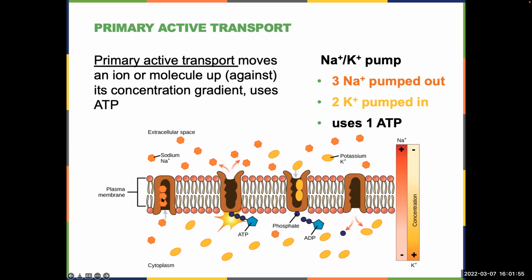But when the 3 sodium bind to this protein, it causes this ATP to bind. And that binding of the ATP releases the sodium and allows for the potassium to bind. And then the ATP is hydrolyzed or split to release the energy to then force these 2 potassium into the cell.